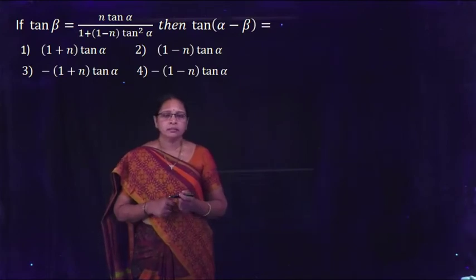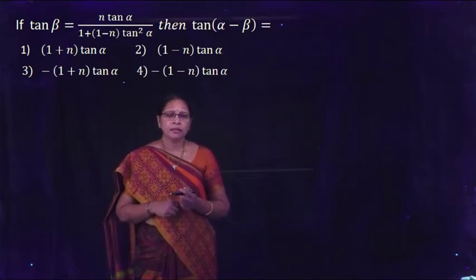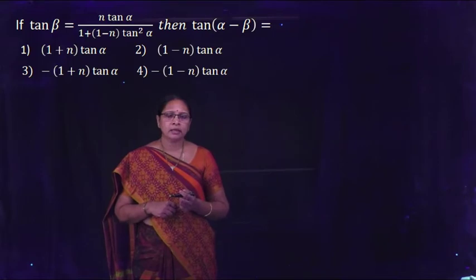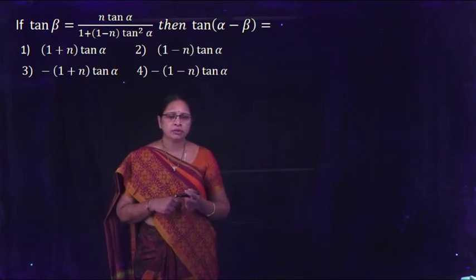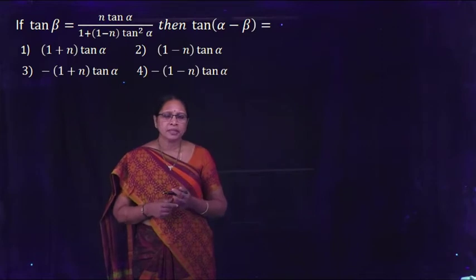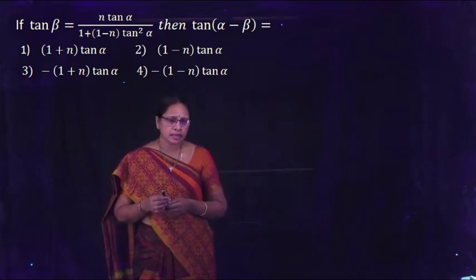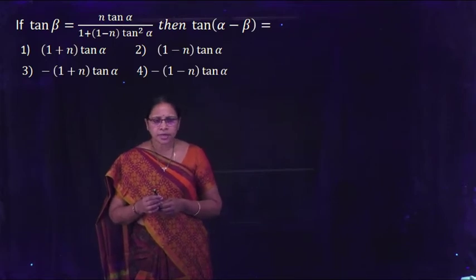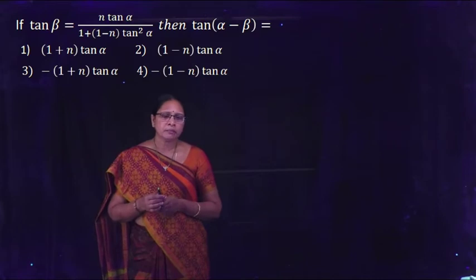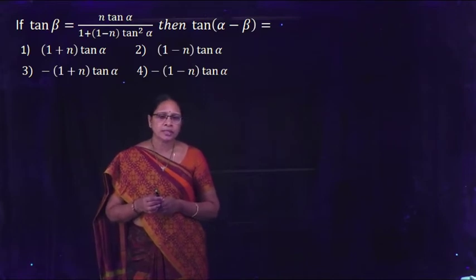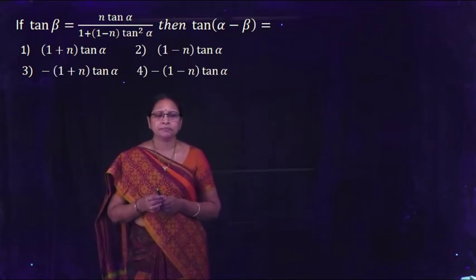Let us see the next problem. If tan beta is equal to n tan alpha by 1 plus (1 minus n) into tan square alpha, then tan of (alpha minus beta) is equal to, first option is 1 plus n tan alpha, second option is 1 minus n tan alpha, third option is minus of (1 plus n tan alpha), fourth option is minus of (1 minus n tan alpha).